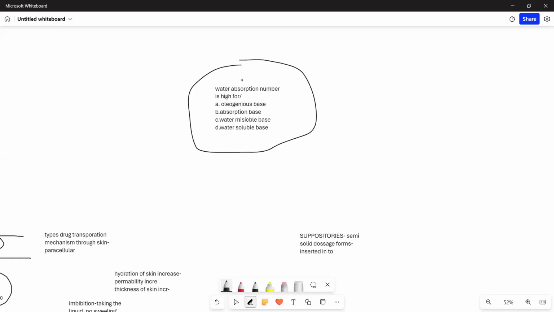Answer this question. Read the question properly. The most important thing in any competitive exam is first reading the question, understanding the concept behind it, and then reading the options. Always follow the elimination rule. Guys, what do you understand by the water absorption number?